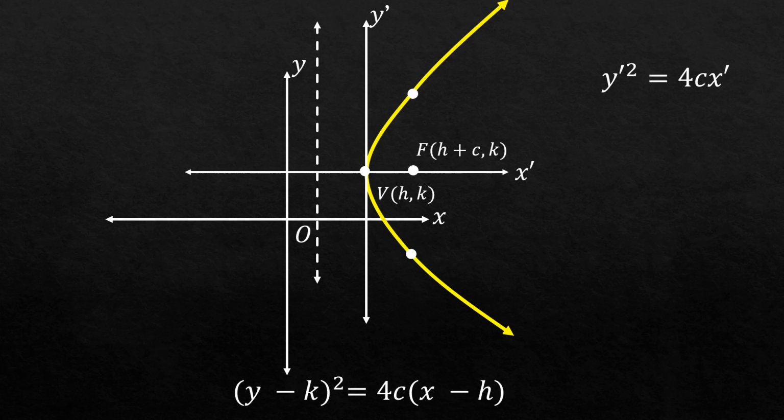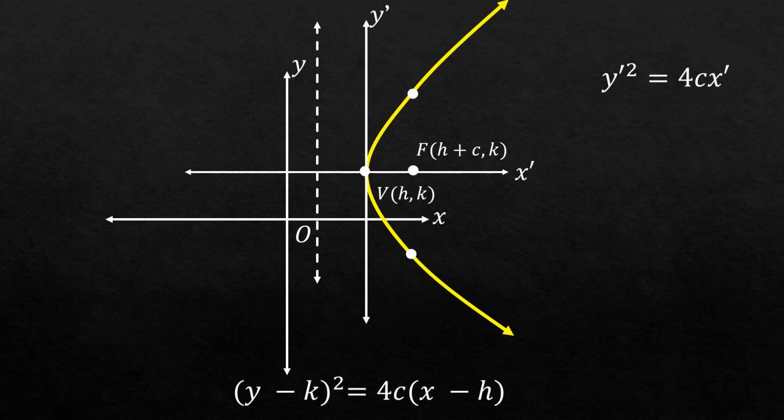We observe from this equation and also from the figure that when c is greater than 0, the factor (x - h) of the right member must be greater than or equal to 0. Hence, the parabola opens to the right. For c less than 0, the factor (x - h) must be less than or equal to 0, and therefore the parabola would open to the left.